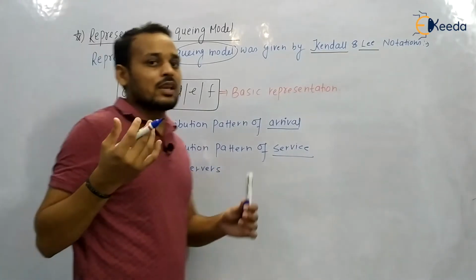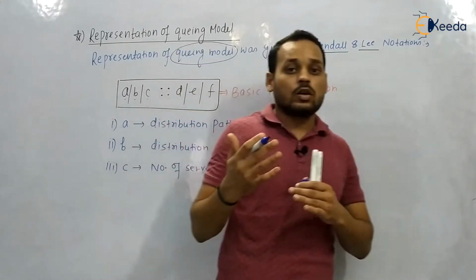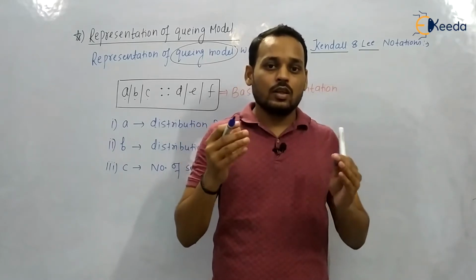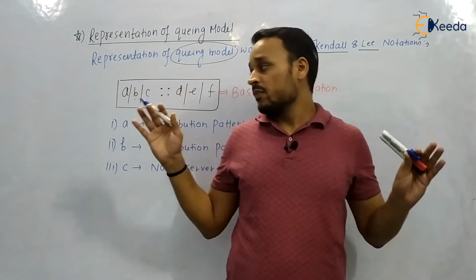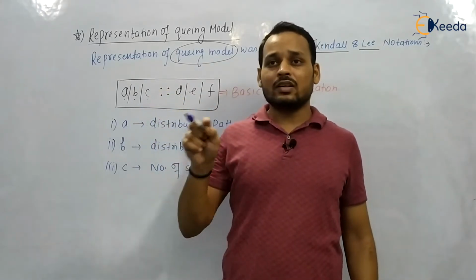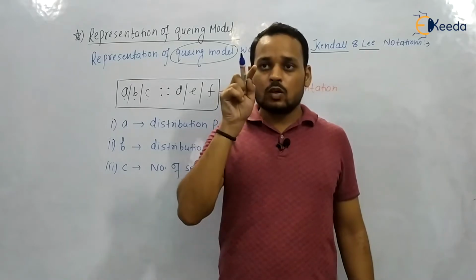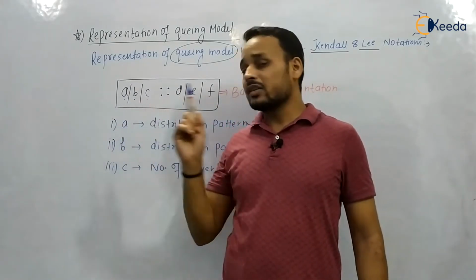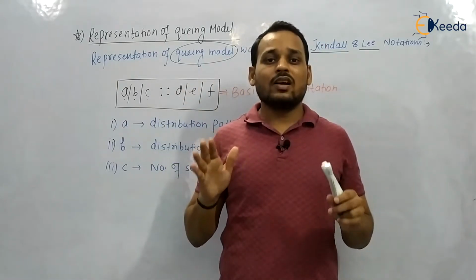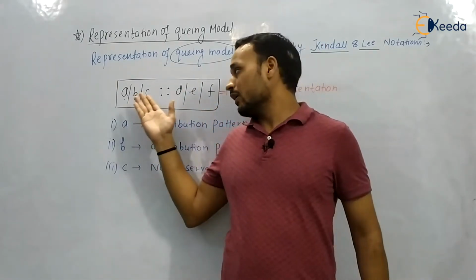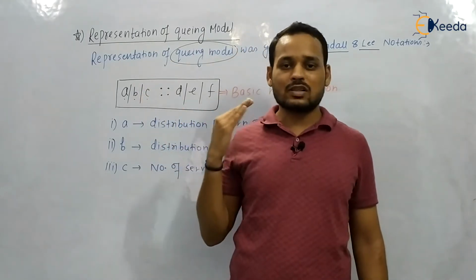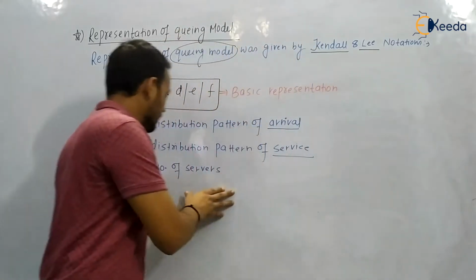It can be a single server or a multi-server, and in multi-server there can be 2, 3, 4, 5 or any number. If 1 is written as the third number, then you can see from the representation that this queuing model is of single server type. If 2 is written, then 2 servers or multiple servers are there. So C represents the number of servers.